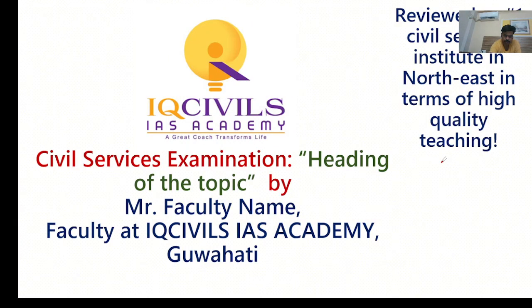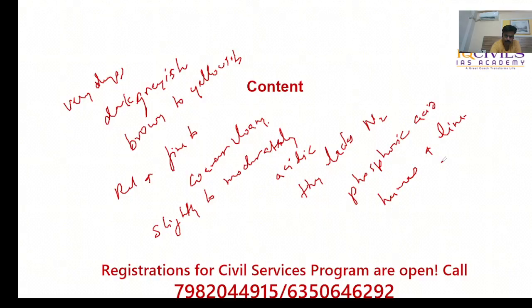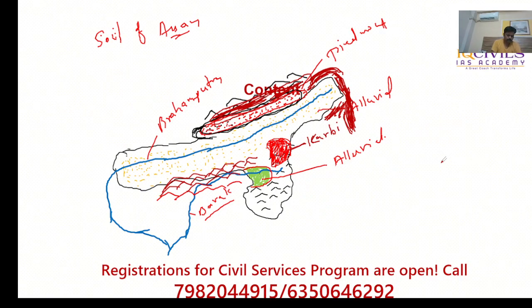So laterite soils are found in patches of Karbi Anglong district. You will find it here, but in patches, not everywhere. Laterite soils are always found in patches: Karbi Anglong district, southern border of Golaghat district, and northern part of Barak plain.